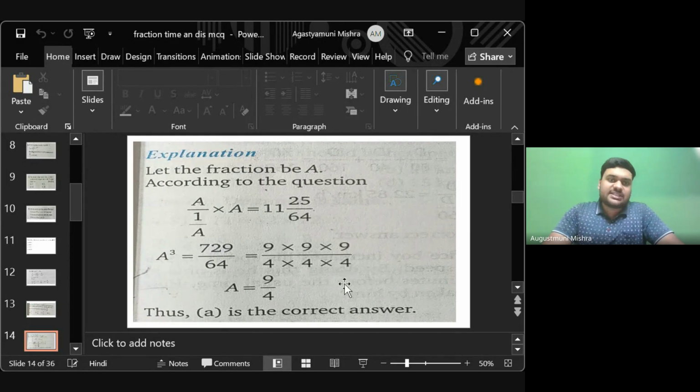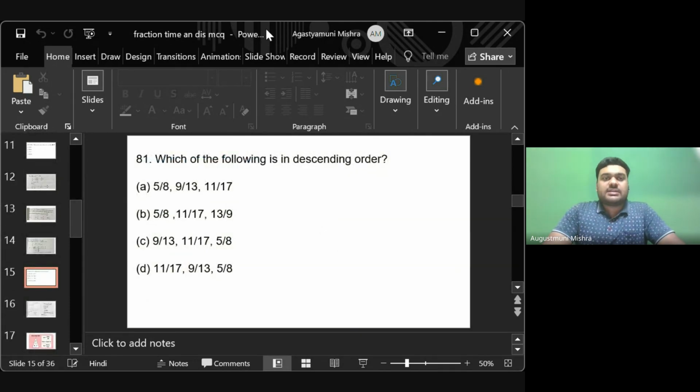I'm just changing the slide because I have received fewer responses. That's why I explained this. This is another question. I want to explain this question after a few minutes, because the same pattern question came in my exam.